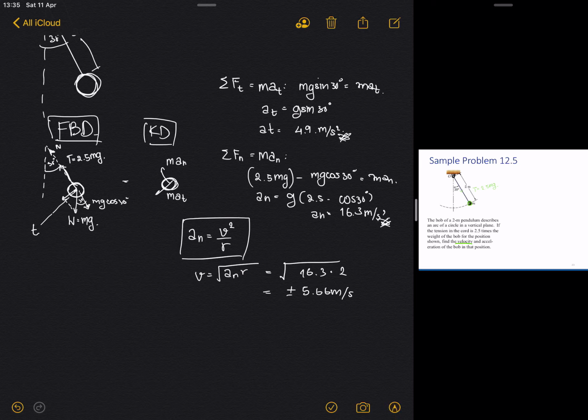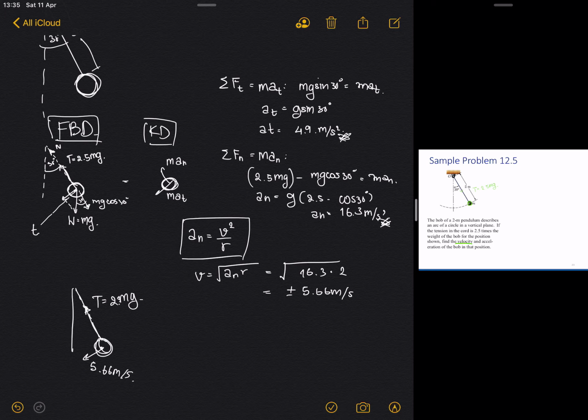What does it mean here? It means when our pendulum has tension equal to 2.5 mg, we will have a speed of 5.66 meters per second.